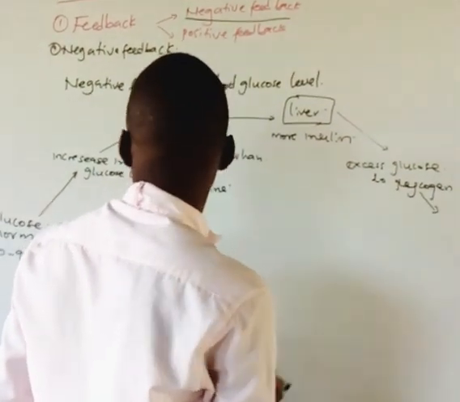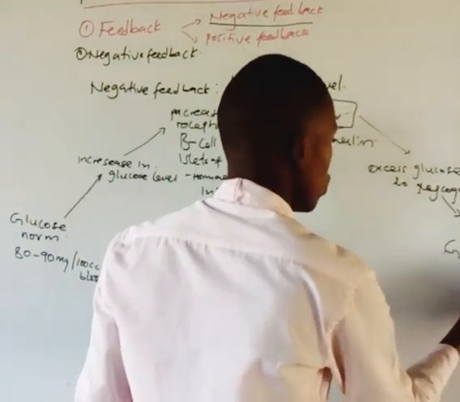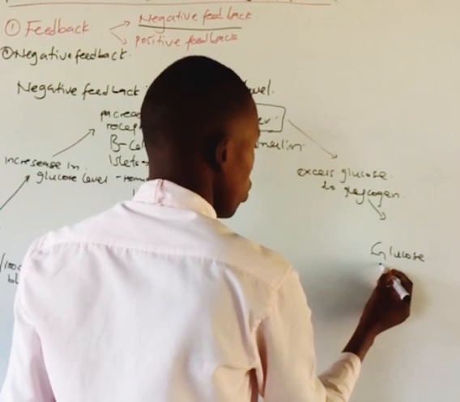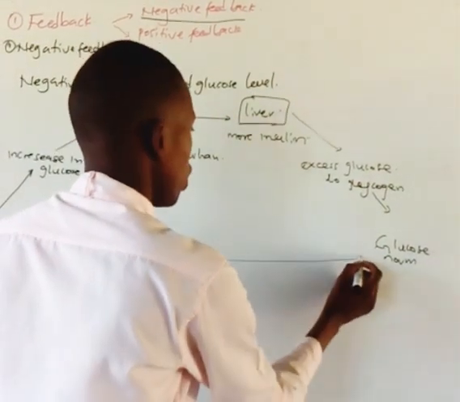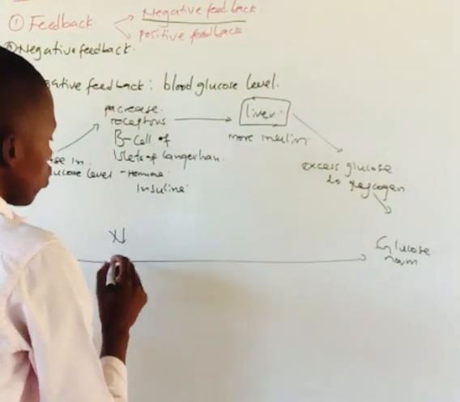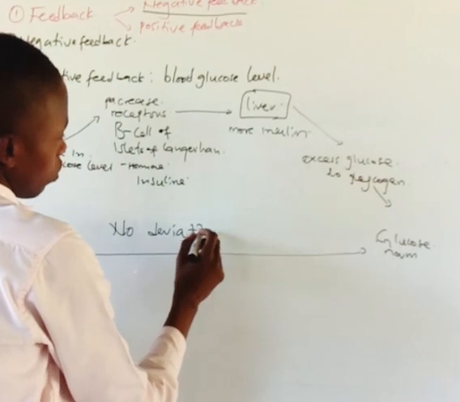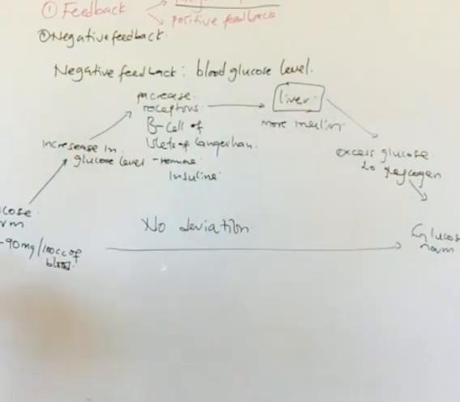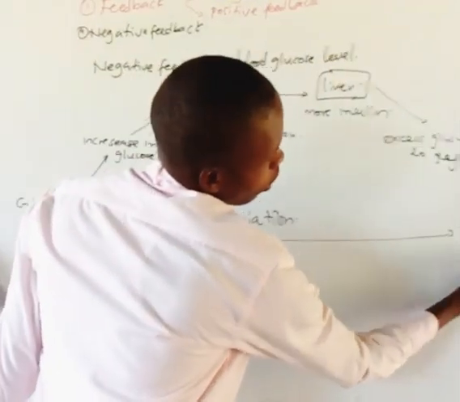Hence, the glucose level will go back to the norm, as you have seen here. This line shows that there is no deviation, which means the glucose level in blood is at the same level.